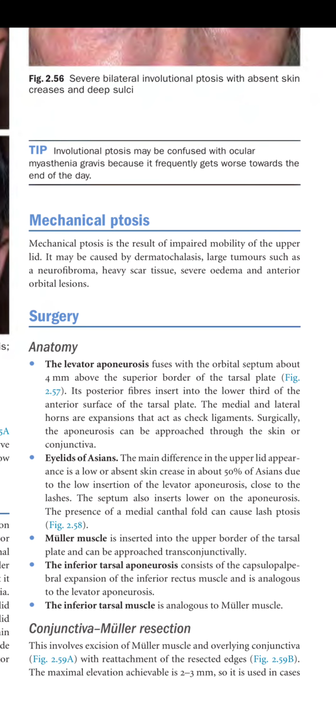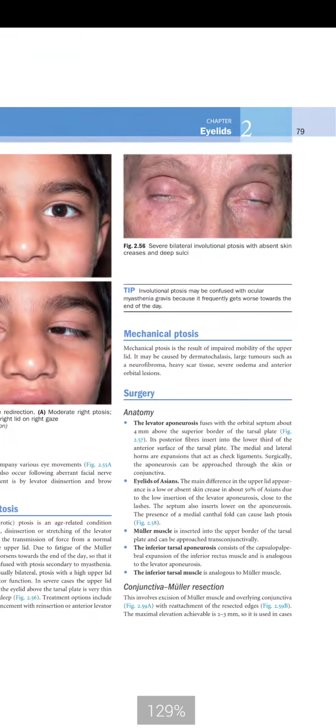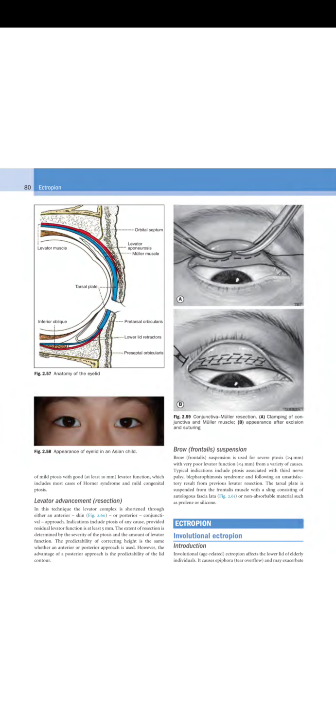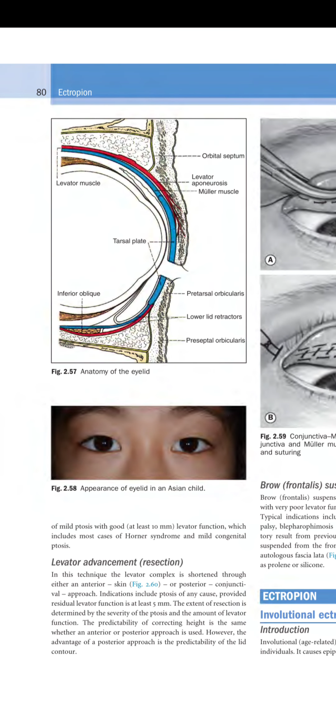So conjunctival Muller resection involves the excision of the Muller muscle and overlying conjunctiva with reattachment of the resected edge. The maximum elevation achieved is 2 to 3 mm. So it is used in cases of mild ptosis with good, at least 10 millimeter, levator function, which include most cases of Horner syndrome and mild congenital ptosis.